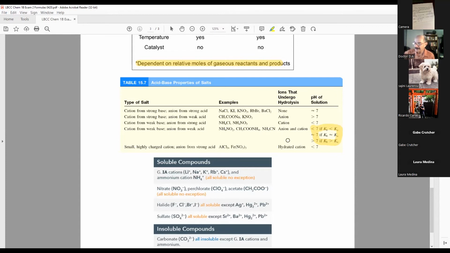You can go back home and look at that and say, okay, so if this is the conjugate of that guy, and this is the conjugate of that guy, ammonia is a stronger base than HCN is an acid. So that means that the ammonium ion should be a lesser acid than the cyanide ion is a base. And so this guy is going to dominate, right?